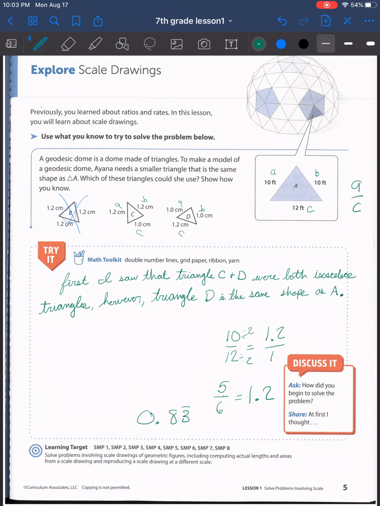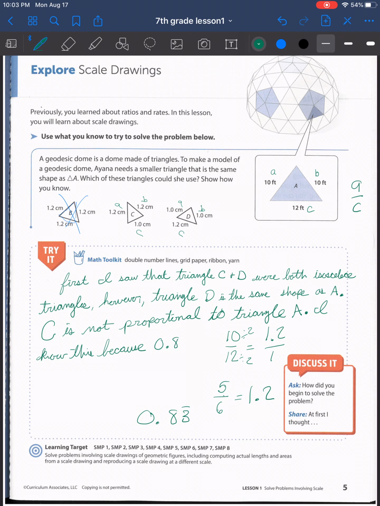I'm going to say C is not proportional to triangle A. I know this because 0.83 with a hat is not equal to 1.2.